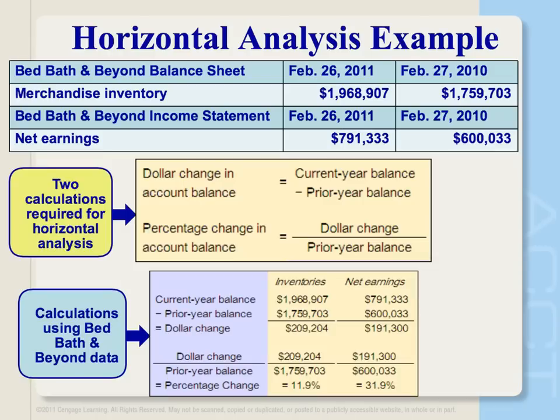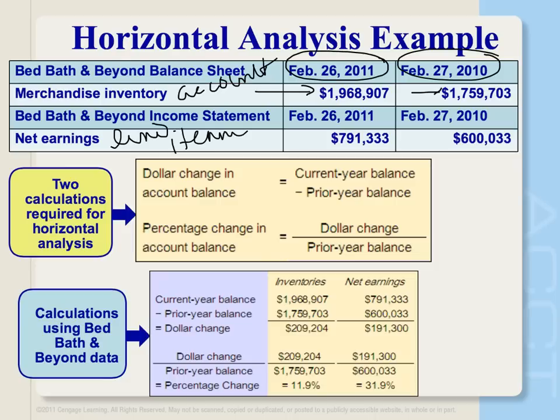So right now you're seeing the Bed Bath & Beyond specific items from their balance sheet. Here you see February 26, 2011, February 27, 2010. You see the merchandise inventory line item, so this would be the account. And you also see the line item for net earnings.